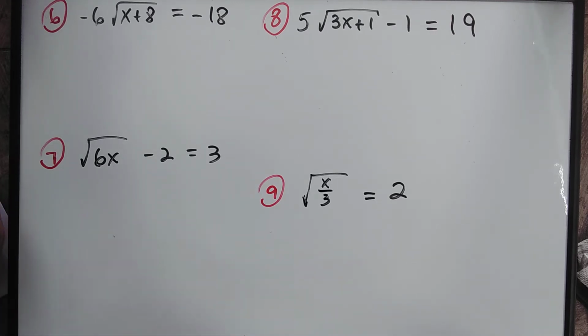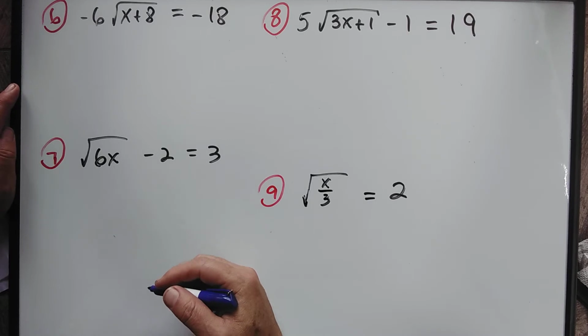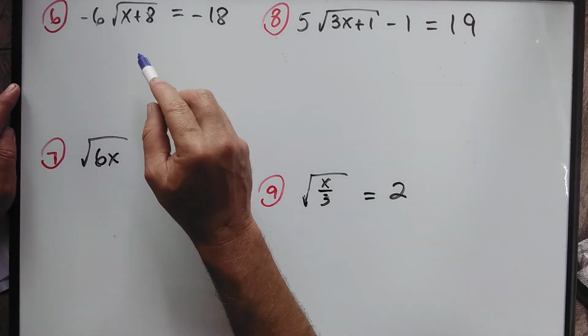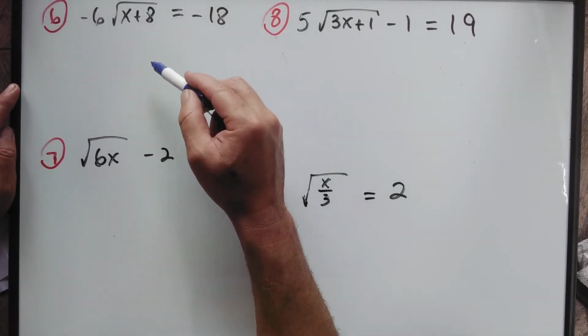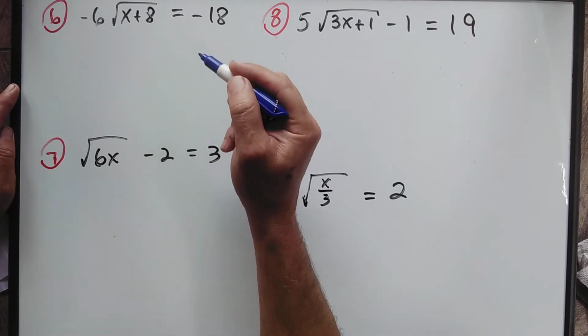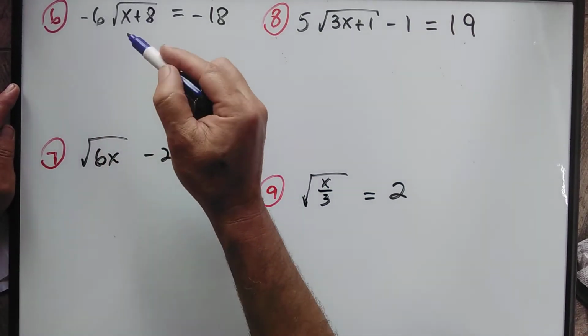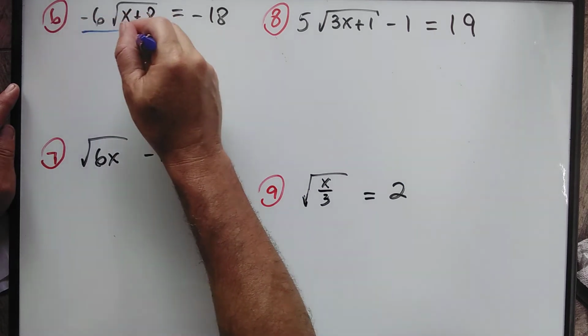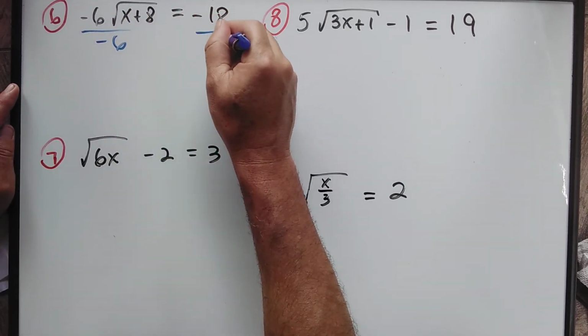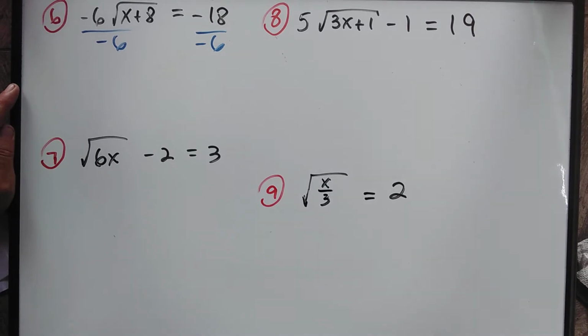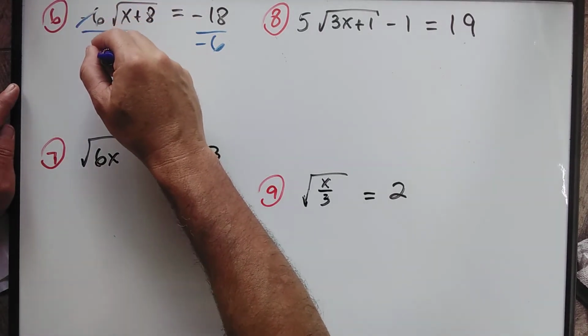Okay guys, on this example, before you say, okay, this radical is equal to a negative number, therefore it's going to be no solution, this is not the case. You have to leave the radical by itself. I notice it's a -6 right here, so I'm going to divide both sides by -6. That's going to take that -6 away.